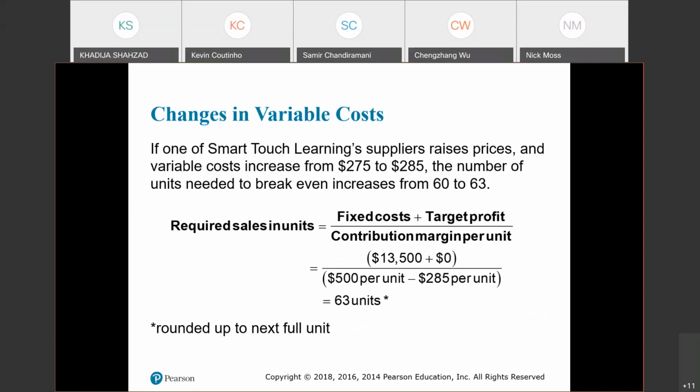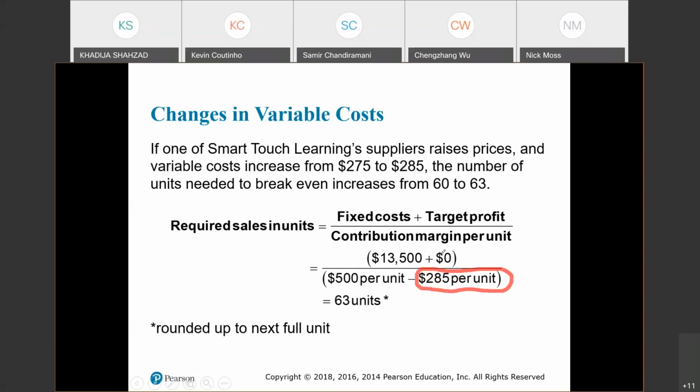Let's assume one of the company's suppliers raises the price, which increases the variable cost for each tablet to $285 per unit. So that results in a difference right here.